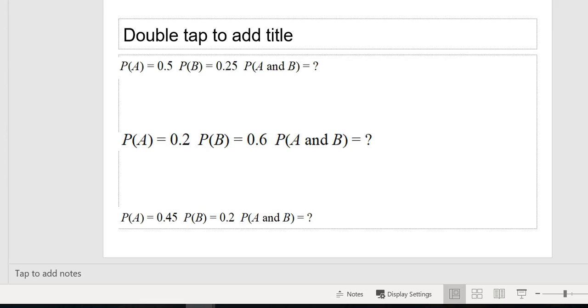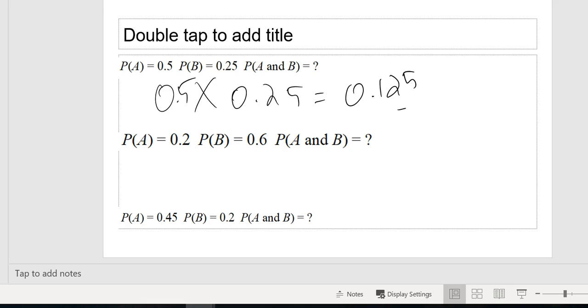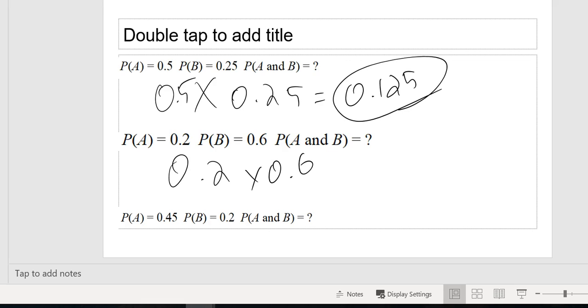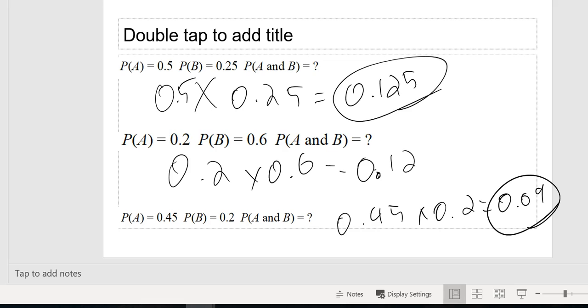So we have an AND, which means we multiply: 0.5 and 0.25 gives 0.125. 0.2 times 0.6 equals 0.12, and 0.45 times 0.2 equals 0.09, and there you go.